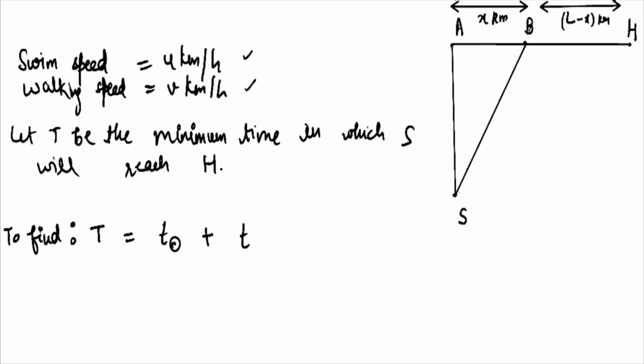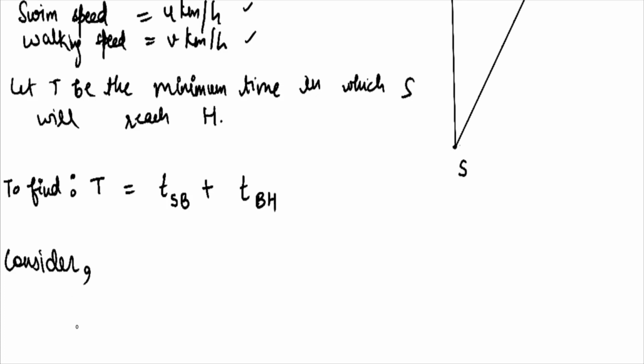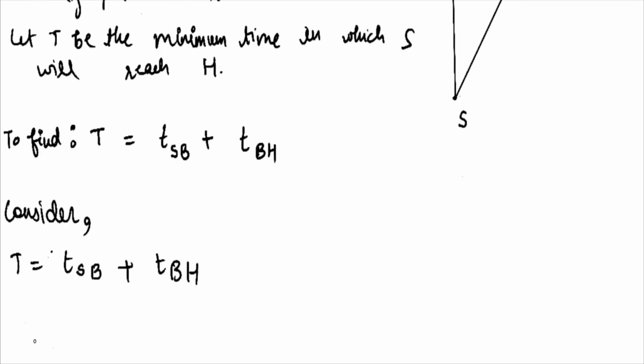The time that he will take to cover SB distance and the time that he will take to cover the BH distance. So let us consider this T, and we know this is T_SB plus T_BH. So we will find this.